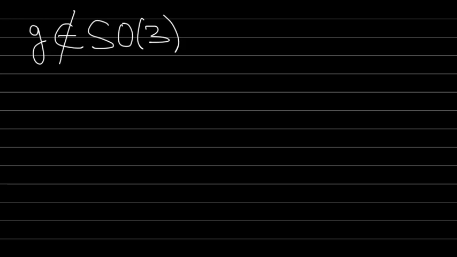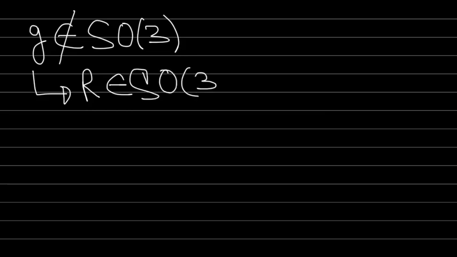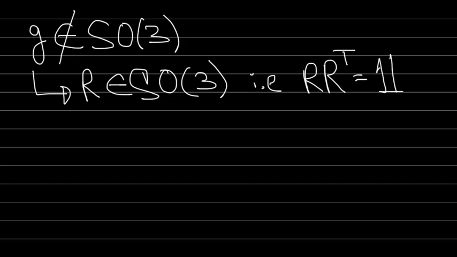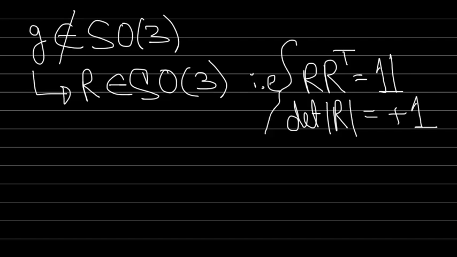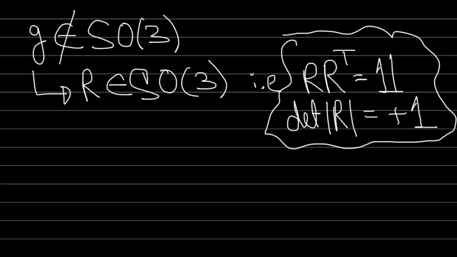However, the R's that we get from this G definitely belong to SO3. That is, if you take R times R transpose, that is equal to identity. That is one of the properties of SO3, and the determinant of R is +1. So we check this, and we get these results. And so these results simply mean that R belongs to SO3.